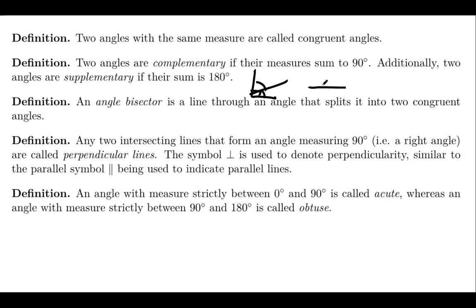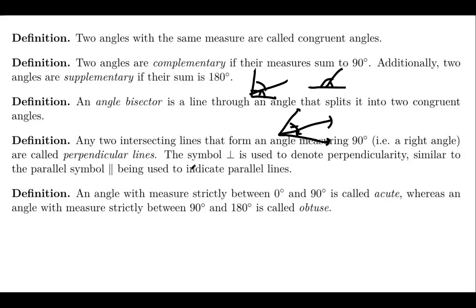If we have this straight angle here and we split it into two, then these two angles will be supplementary. An angle bisector is a line through an angle that splits the angle into two congruent angles. So let's say we have this angle here, and this is the bisector if it splits the angle into two angles such that these are the same.